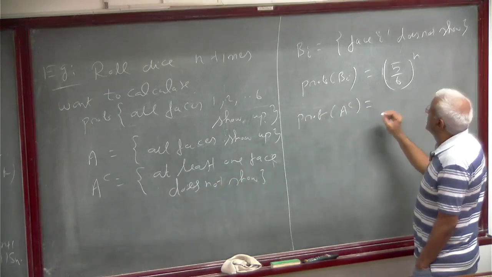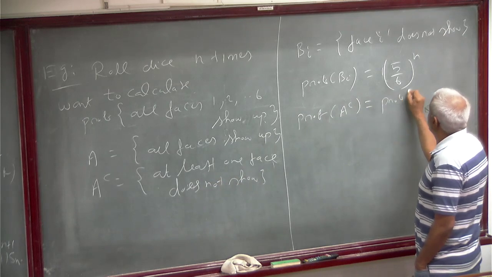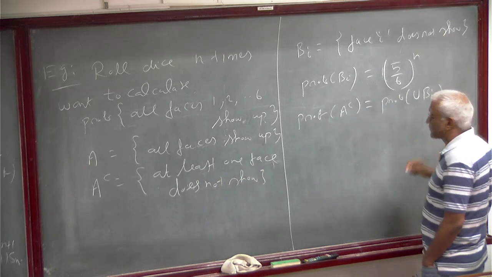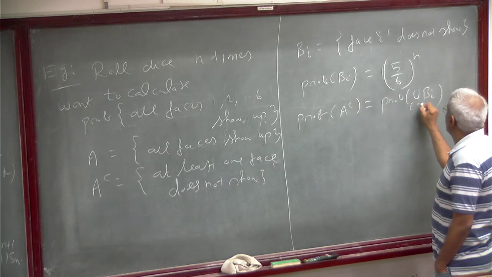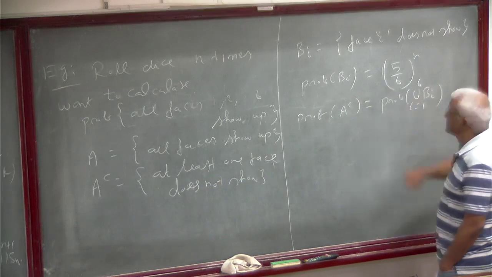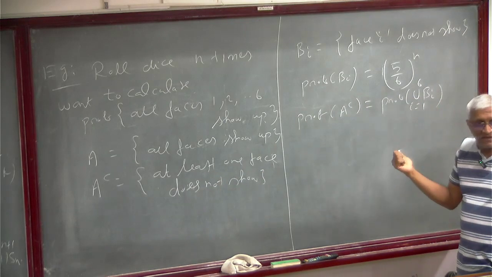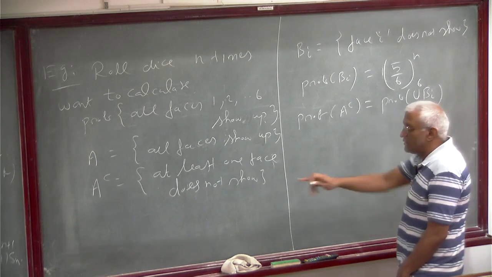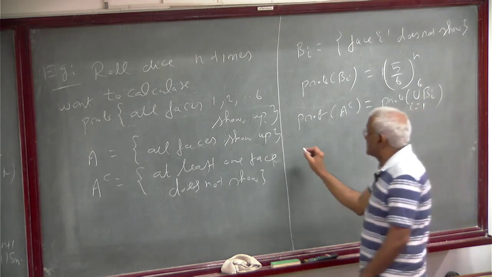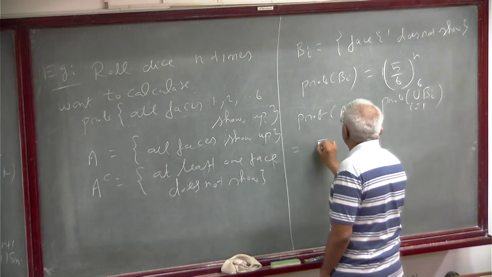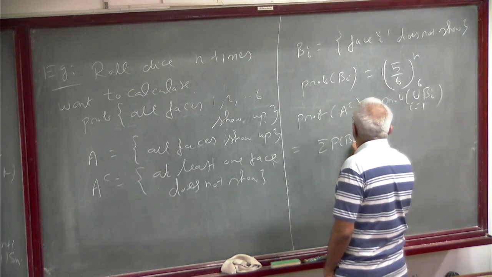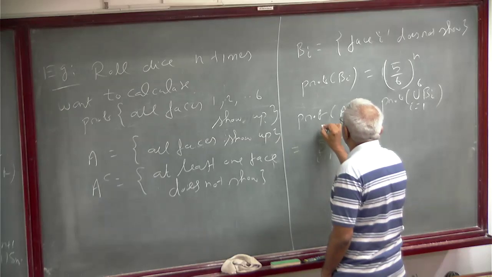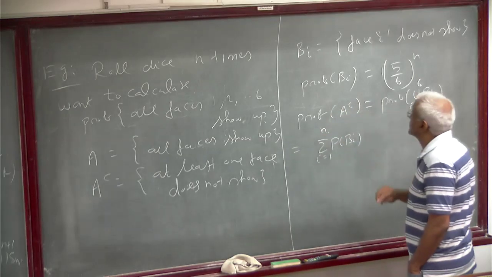Then this is equal to the probability of the union of Bi, i equal to 1 to 6. So now you use that formula, which is equal to the summation of the probability of Bi, which is the same, of course.